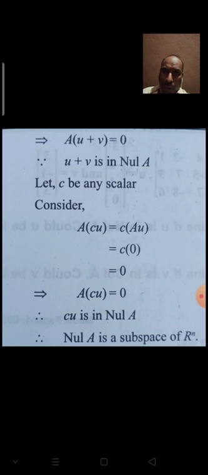Since u plus v is in null A, let c be any scalar. Consider A times cu equals c times Au. c times Au is 0, equals c times 0, which is 0. This implies A times cu equals 0. Therefore, cu is in null A.